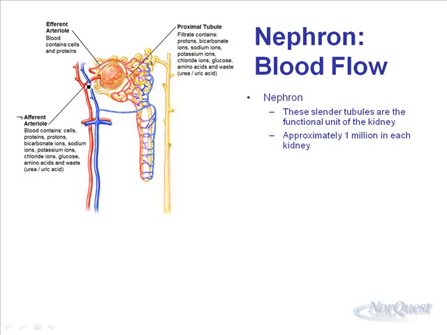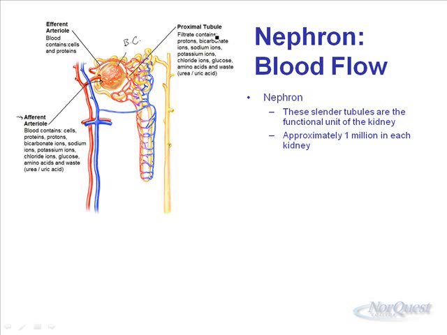That blood gets pumped into the glomerulus, which is that capillary bed where, by pressure, a bunch of stuff is going to get forced out into Bowman's capsule. If we take a look at the proximal tubule, so here's Bowman's capsule, and from Bowman's capsule we enter the proximal tubule.